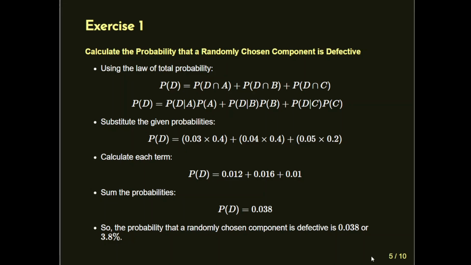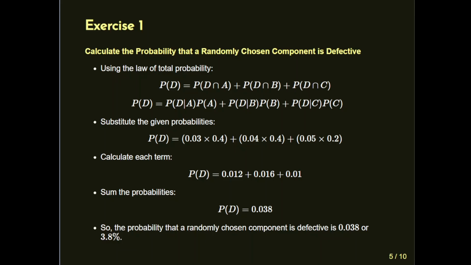So PD is the probability of defective. That is equal to the probability of D intersection A, so defective and coming from supplier A, plus the probability of D intersection B, defective and coming from supplier B, plus the probability of D intersection C, defective and coming from supplier C. Okay, so what we can do is re-express that first equation using the conditional probability formula.